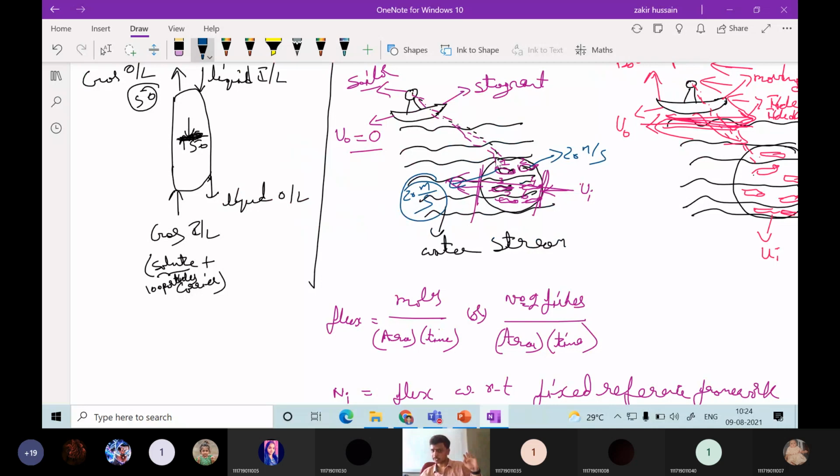Each fish will have a different velocity, depending on which they act. No fish will have an identical velocity. They are moving arbitrarily with different velocities, so we have to take an average.